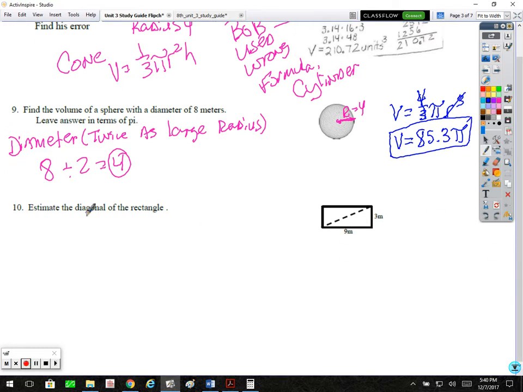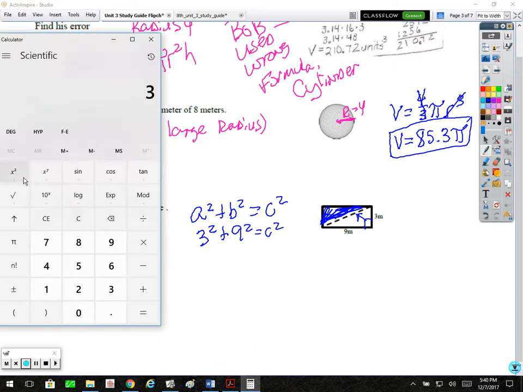All right. Next one, estimate the diagonal of the rectangle. Well, really, a rectangle is nothing but 2 right triangles. So we can actually block this one off. And what you're actually finding is the hypotenuse. So a squared plus b squared equals c squared. Well, we have 3 squared plus 9 squared equals c squared. And since I can use my calculator, we're going to be using it here. So here we go. 3 squared plus 9 squared gives me 90.